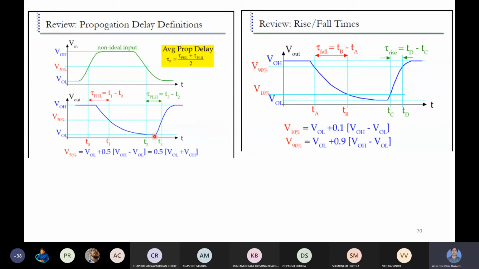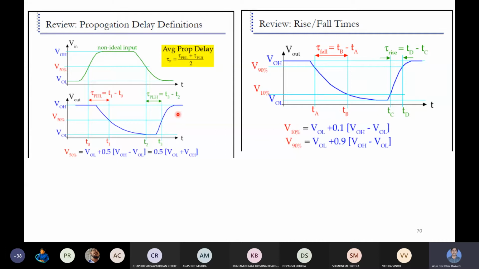After that it rises again when the input is falling. So there is some delay when the output falls from high to low, and also some delay when it changes state from low to high.